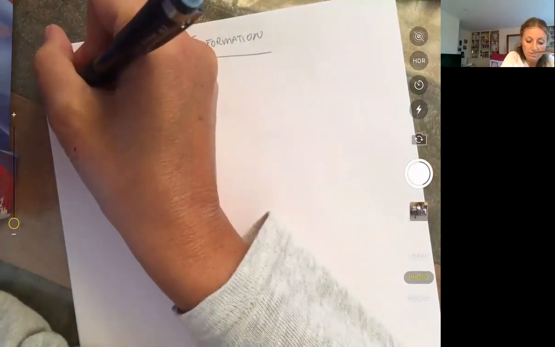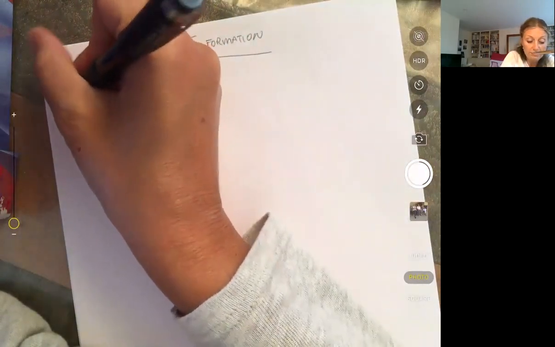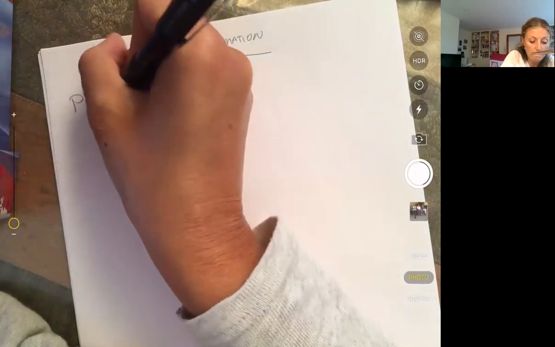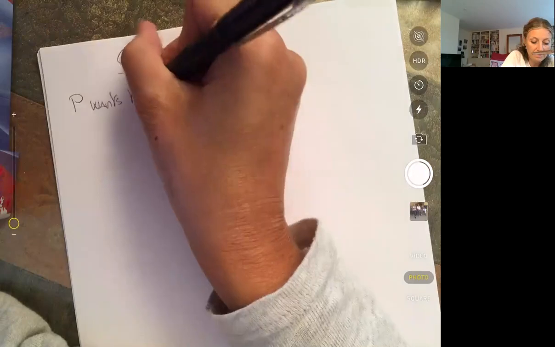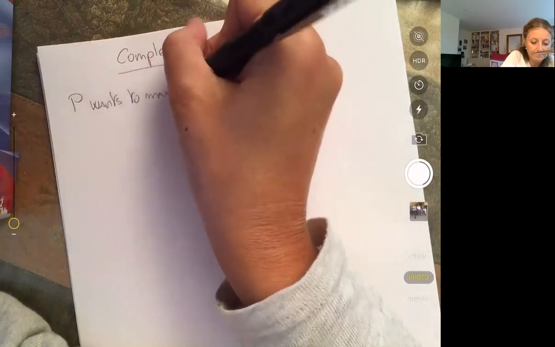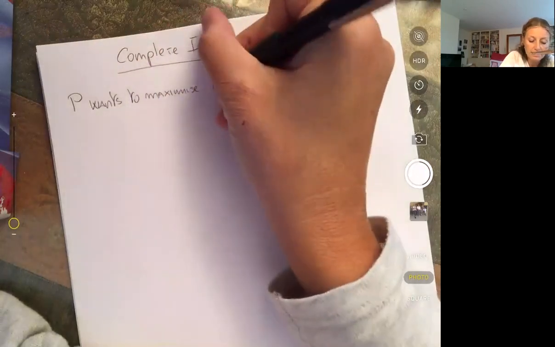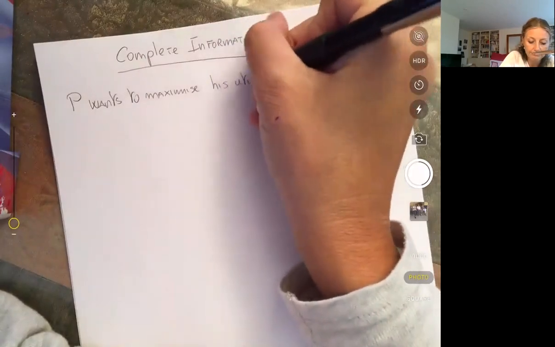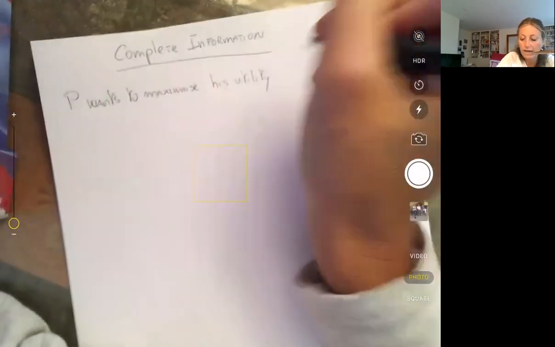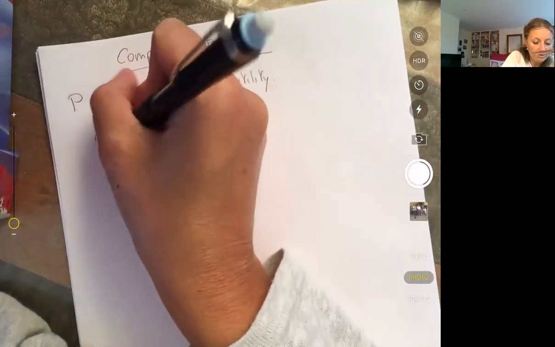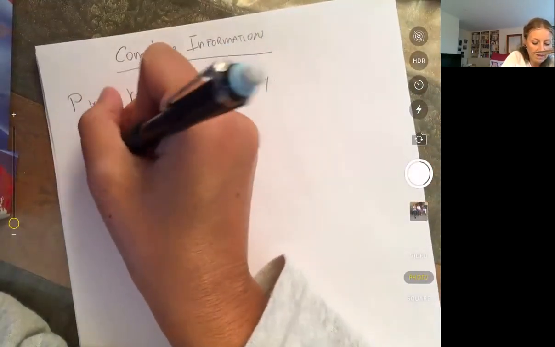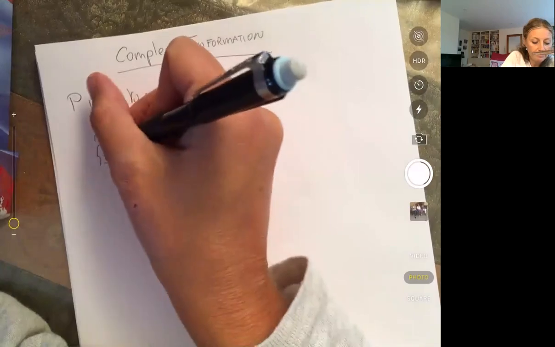First of all, we need to consider that the principal wants to maximize his utility. Okay, so we write down a standard maximization problem.